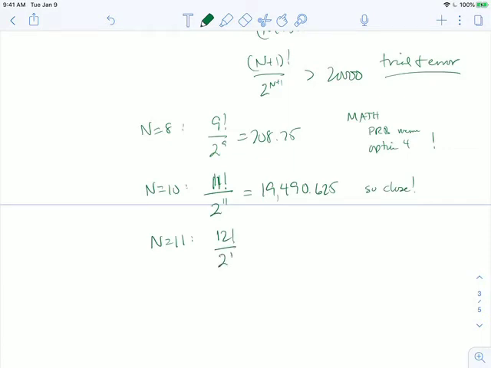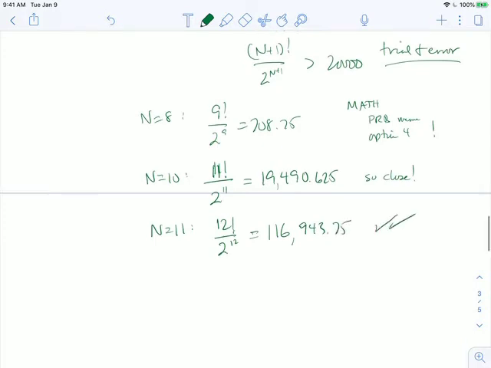So 12 factorial over 2 to the 12th is way over 20,000. I got 116,943 3/4. That's the one that works.